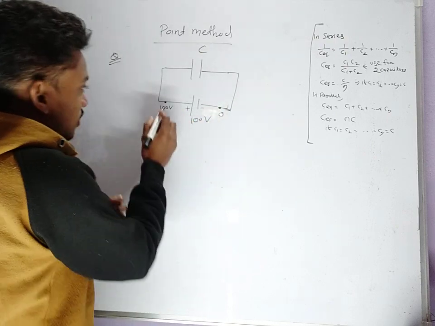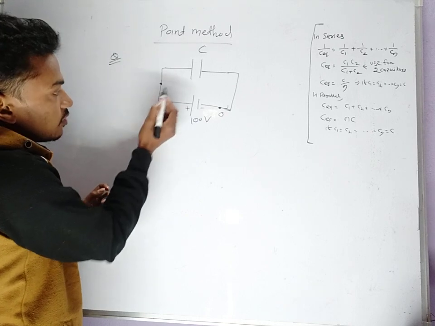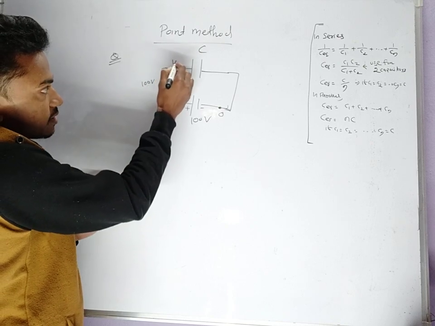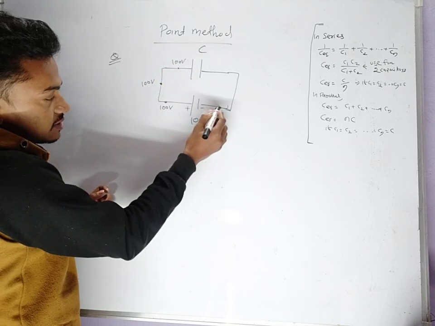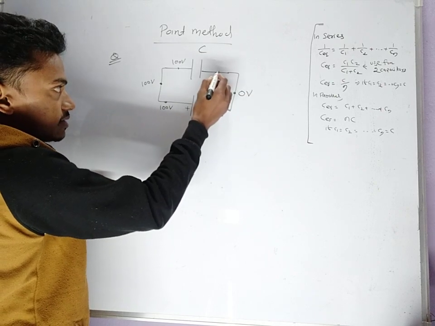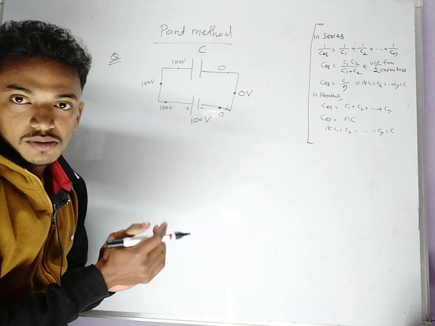If this is 100 volt, this point will also be at 100 volt, and this point will also have potential 100 volt, and this is 0 volt means this point has also potential 0 volt, so the potential difference across the capacitor will be 100 volt.